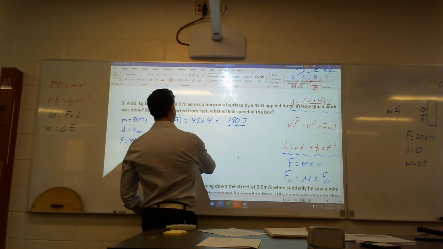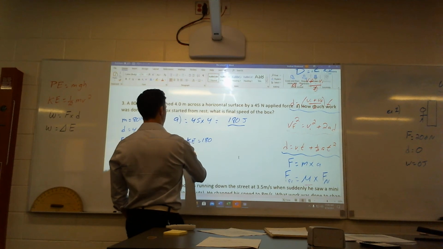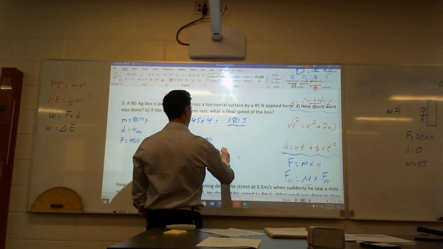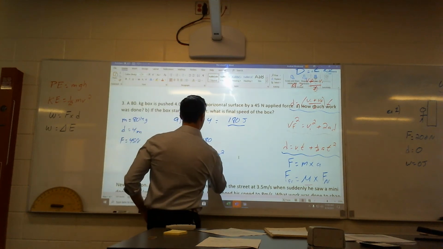So kinetic energy equals 180, which means 180 joules is going to equal 1/2 mv squared. I know my mass, I'll put 80 in there.